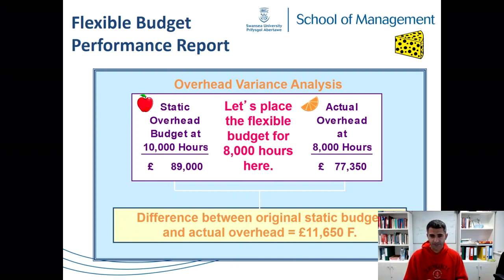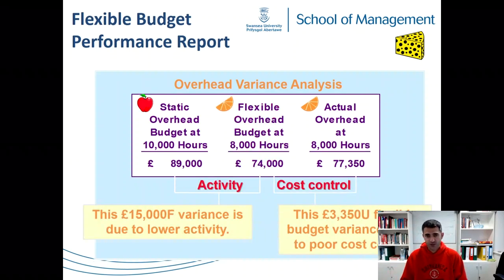But if you look at the middle now, what we have in the middle is the flexible budget of 8,000 hours. So now we need to put the flexible one, the one we calculated just now, the flexible one of 8,000, which comes to 74,000. So the logic is that comparing one orange with an orange, the difference is going to be due to cost control.